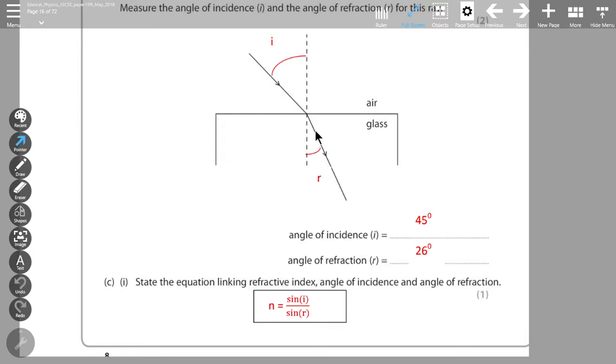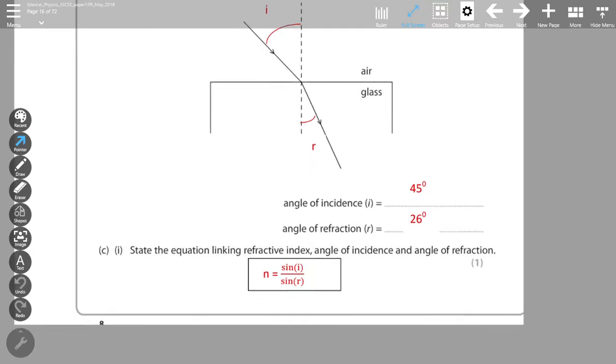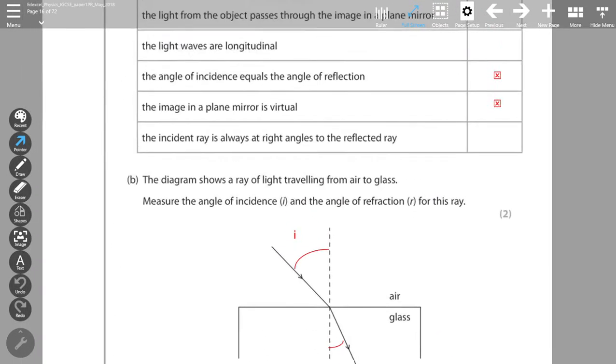You use a protractor and you find that the angle is about 45 degrees plus or minus 1 degree, which is the accuracy, the precision of the protractor. The angle of refraction is about 26. State the equation linking the refractive index, angle of incidence and angle of refraction. So it is n equals sine i over sine r. Finished with this page.